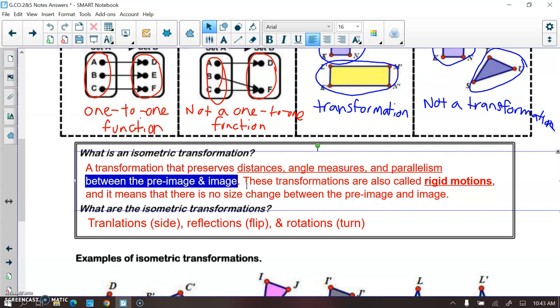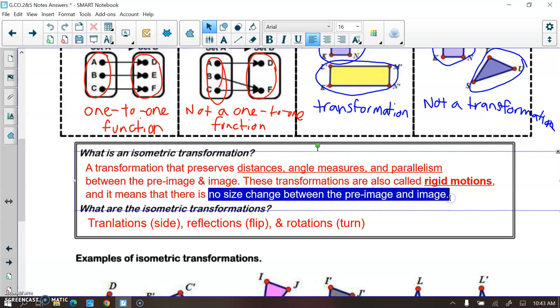But basically, an isometric transformation is a transformation where no size change happened between the pre-image and the image. So we took a figure, it doesn't have to be a triangle, and we just moved it to a different location on the graph. No size change occurred, we just moved the figure.